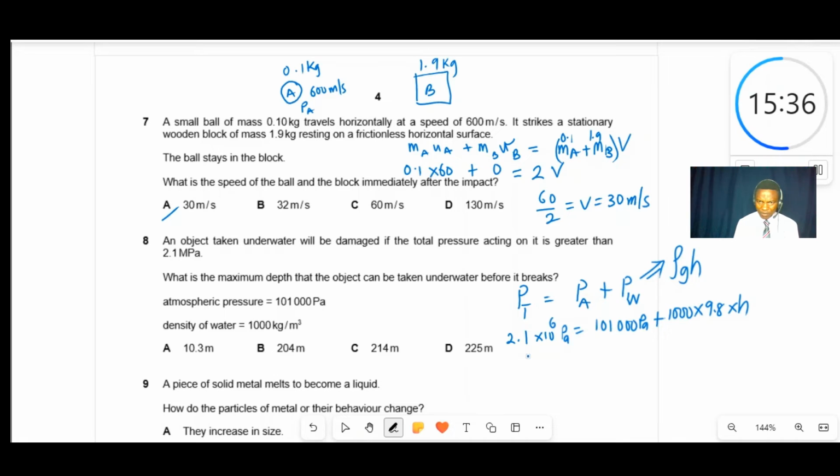So you have 2.1 minus 0.101 times 10 raised to the power 6 equals 9800 H. If you divide, H gives us 203.977, so approximately 204 meters. That is B.